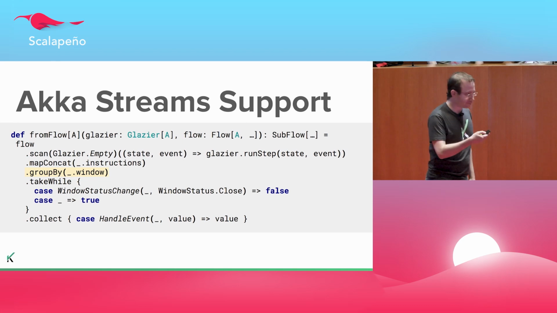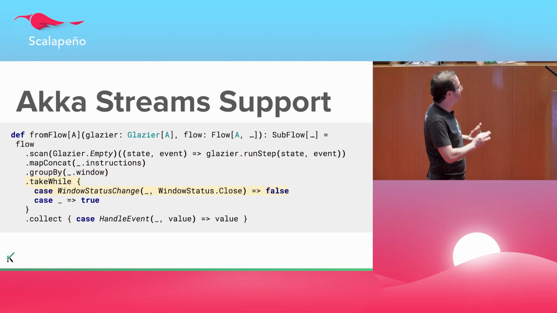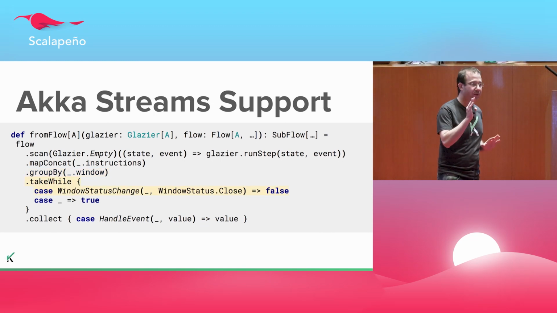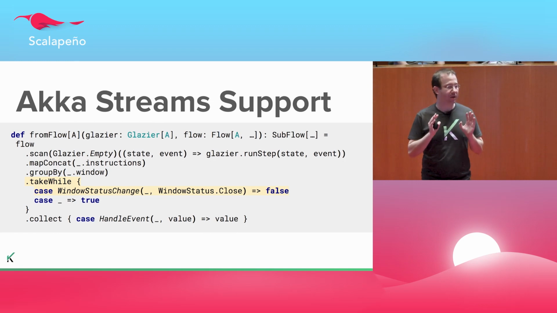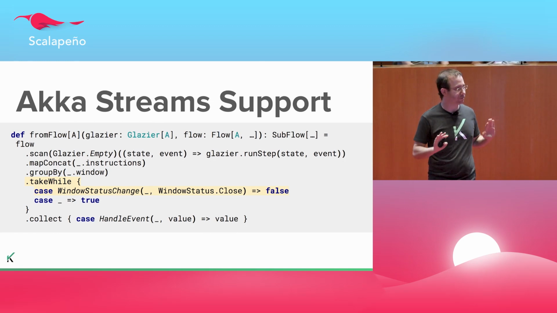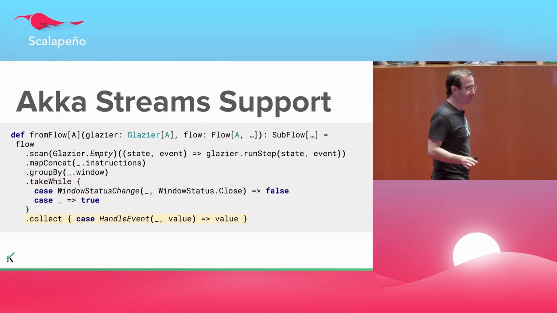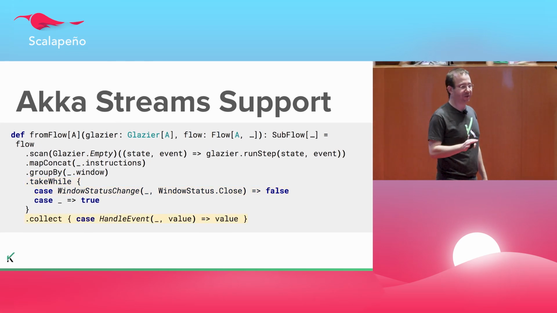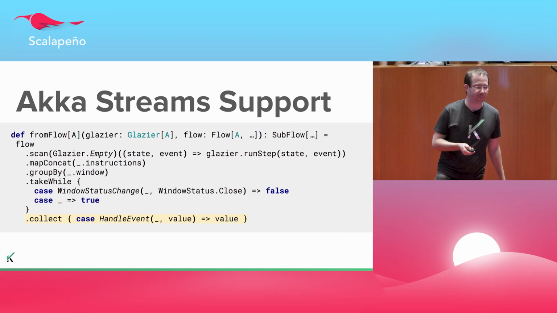for each one of these, we then partition them into a separate substream. Each such substream will be specific to that window, and we will let it run and process events until the point where we receive a close instruction, an instruction to have the window closed. But until that point, we're going to keep an eye out for handle event instructions and just relay that event onwards.